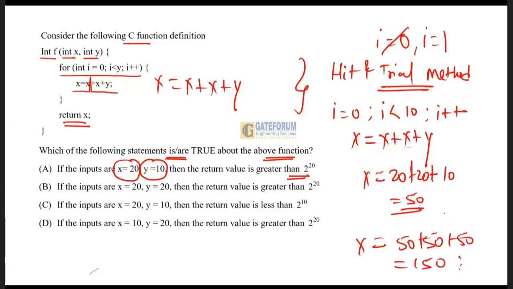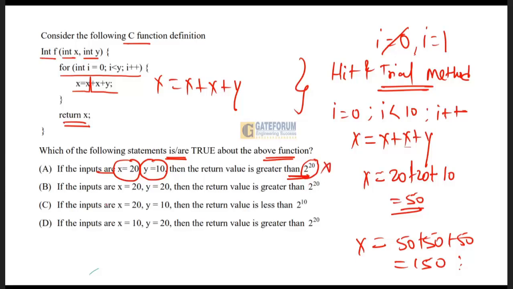So if I keep going on with option A, it is not going to return a value greater than 2 to the power 20, because it is the hit and trial method. After the 10th iteration also, my value will be lesser than this particular result. So it is not the correct answer.